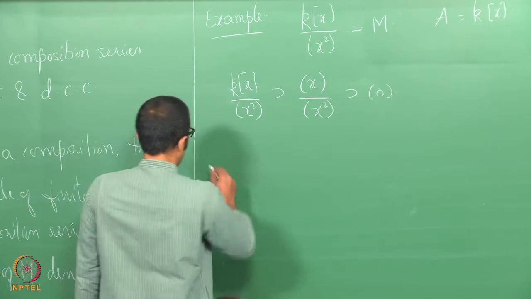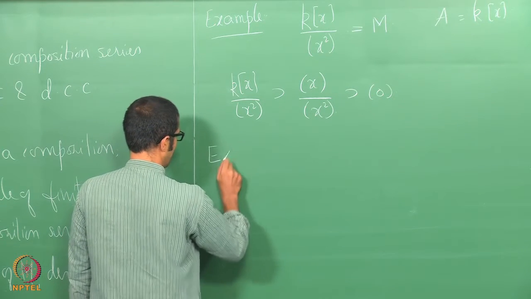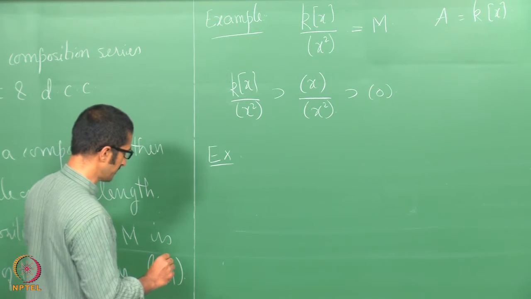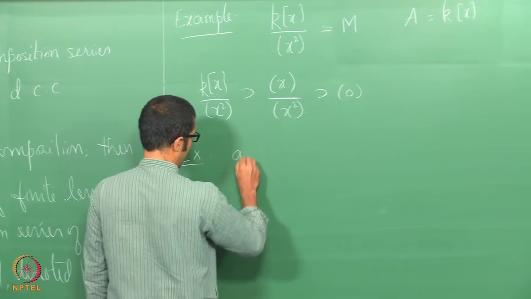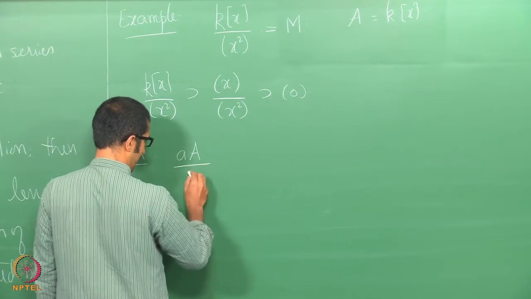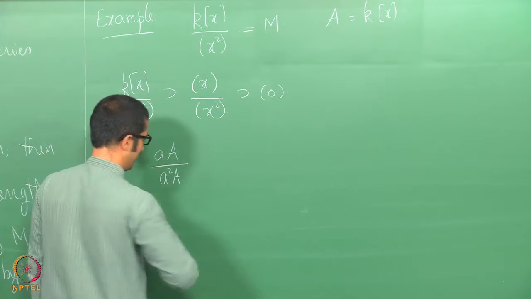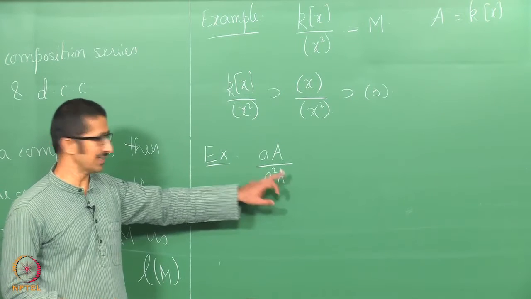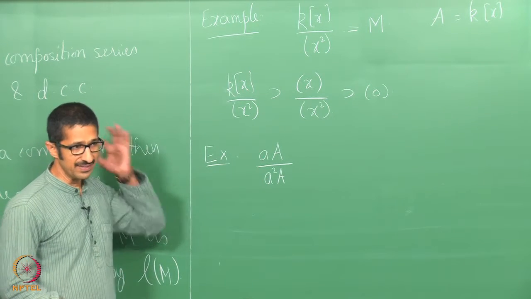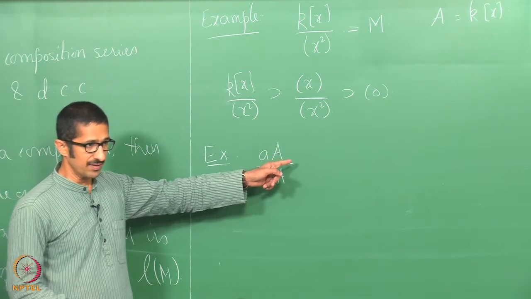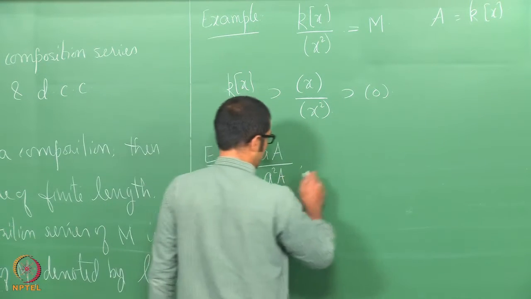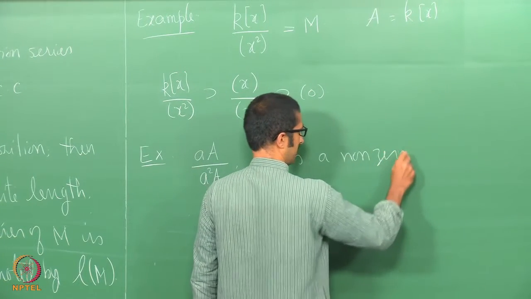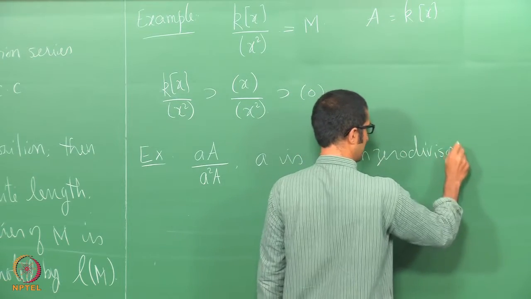Okay, so this is an exercise. If I have a ring A and an ideal and an element a in A which is a non-zero divisor, what is meant by non-zero divisor?